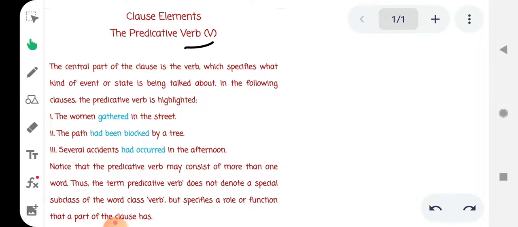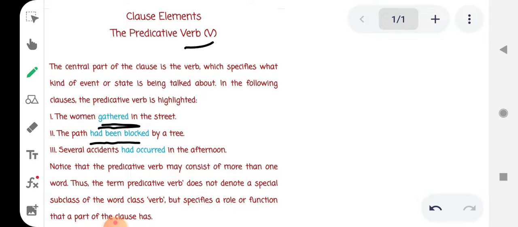The first sentence, which we have studied earlier in the topic of subject, is: the women gathered in the street. In this sentence, as I have already placed the word gathered in blue, it is the verb.